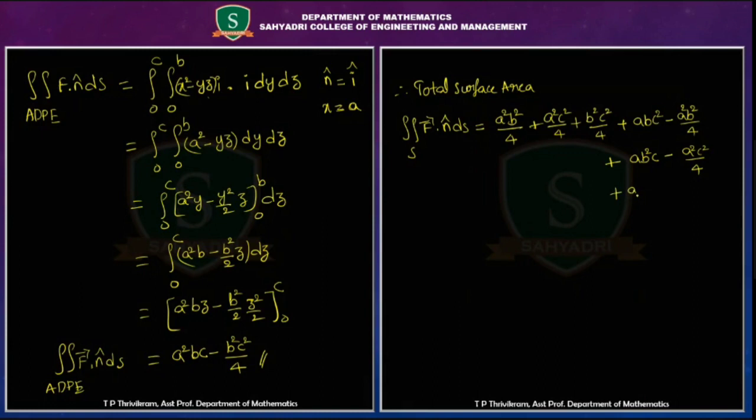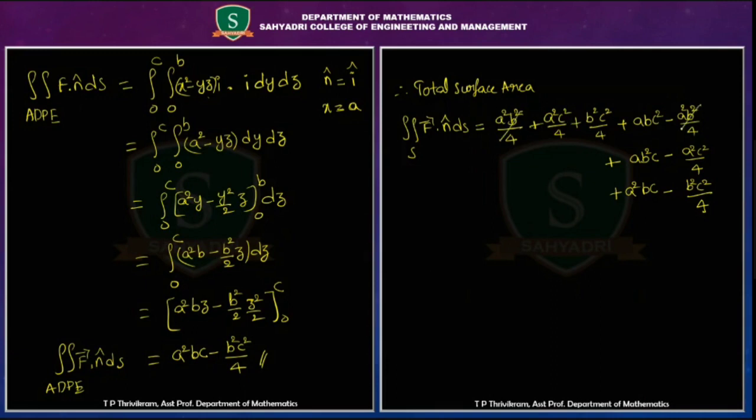Plus abc square minus, sorry, a square bc minus b square c square by 4. Okay, so all the terms will get cancelled.